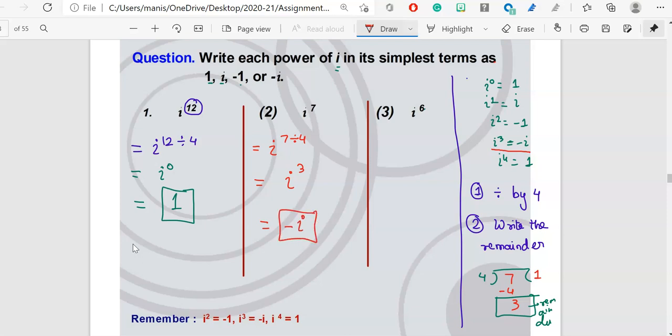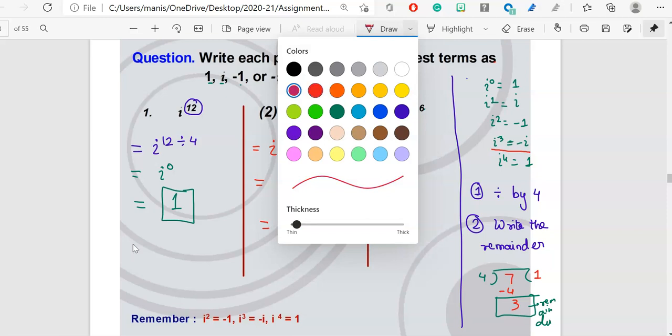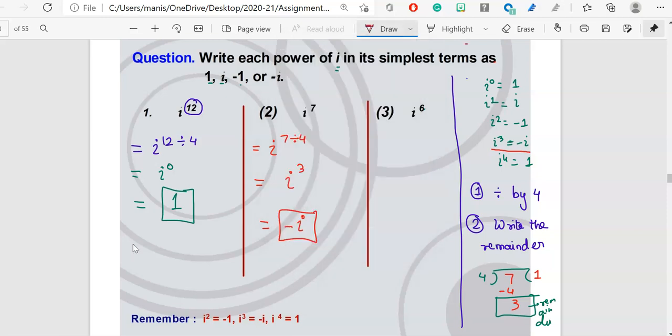Now let's try one more problem over here. Same steps. First of all, step number 1 says divide the exponent by 4. So I to the power 6 divided by 4, and write the remainder. So let's divide this 6.